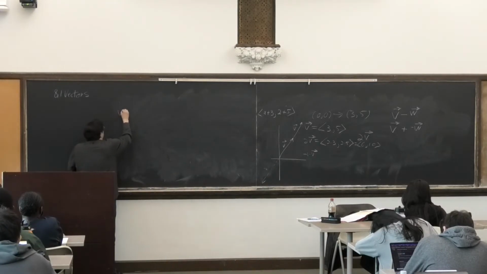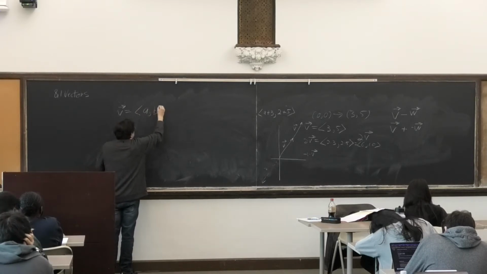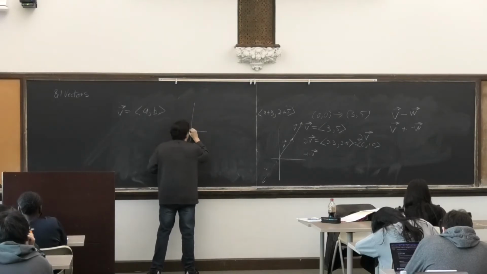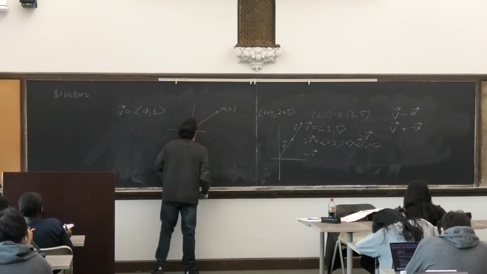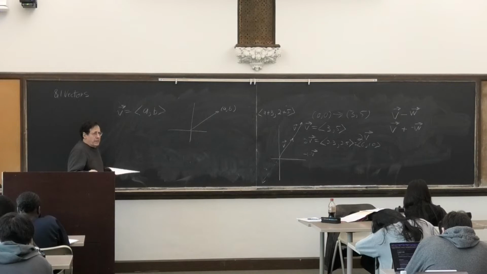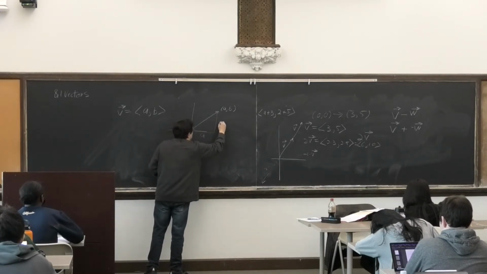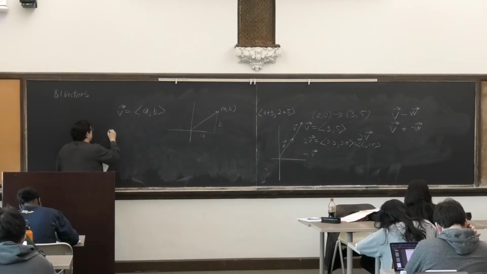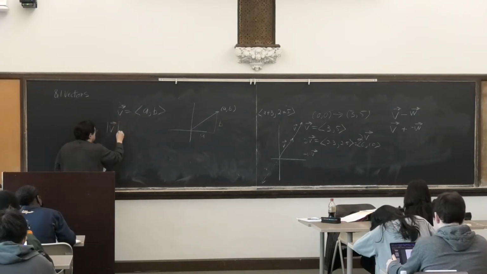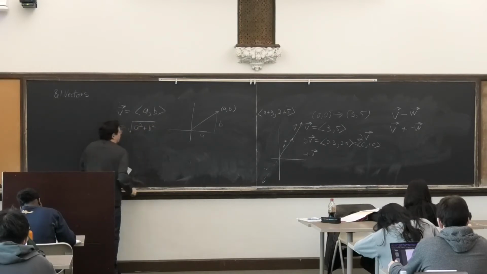If we have a vector and we describe it by these coordinates, how can we find the magnitude just from this representation? Well, we're going to use the Pythagorean theorem here. And we're going to see that the magnitude of the vector, which we're going to write this way, is just the square root of a squared plus b squared.